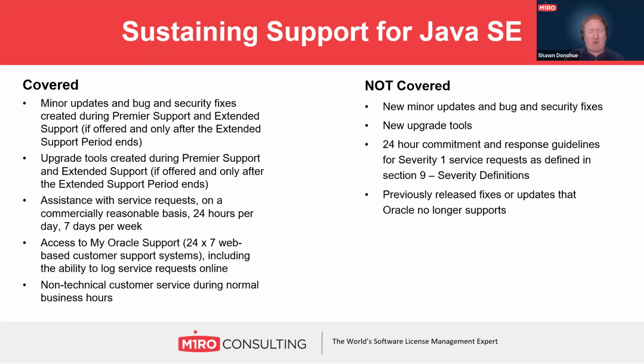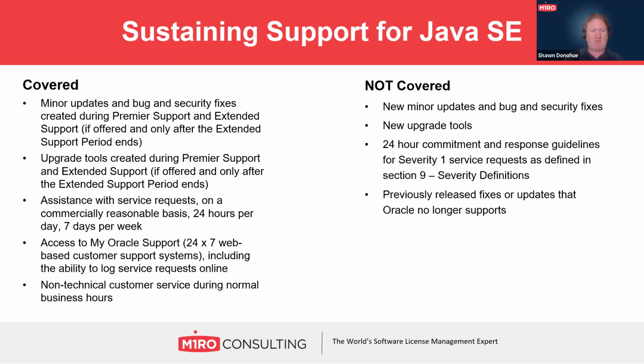So I mentioned very quickly what support was. A lot of the free versions that are going to stay free are just not supported anymore. And it's probably not something you would want as an enterprise level organization, an unsupported Java. So what's covered? We talk about sustaining support, which is different from extended support. After regular support, Oracle products go into what they call sustaining support, which means they're going to update bugs.